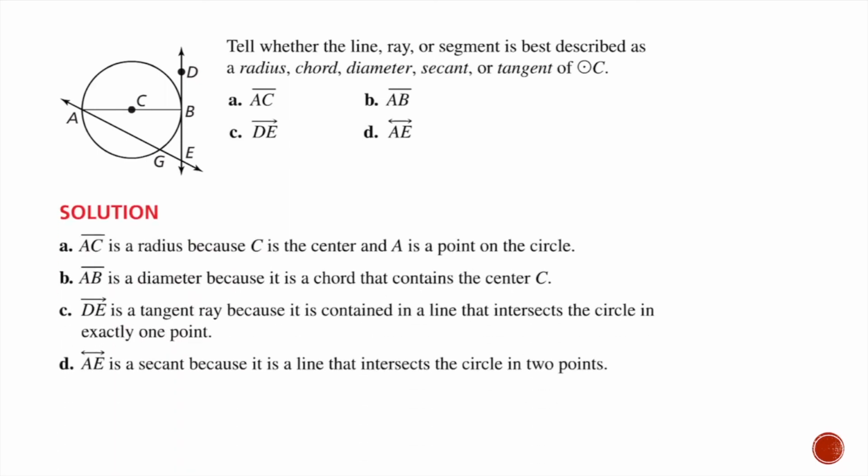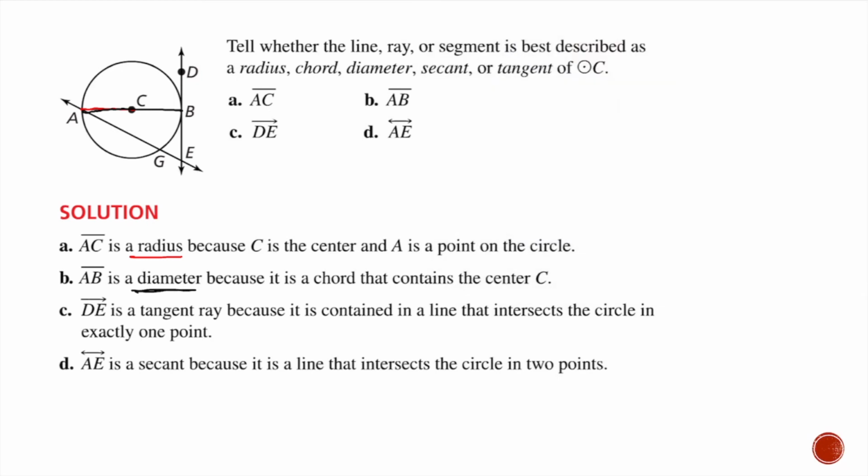Great. So what you should have seen is that line segment AC is my radius, right? Because it is half the diameter. Line segment AB goes through the center of my circle and is a chord, so it is my diameter.